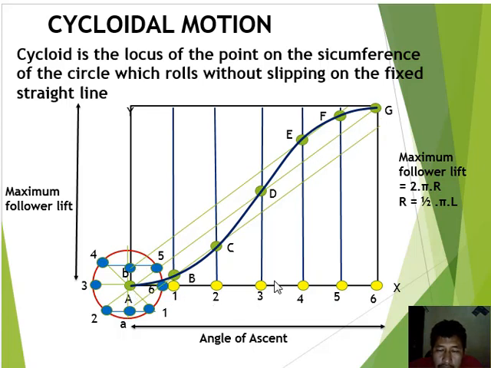The intersection of the center line of the cam motion with point 3, you can mark as D. After that, you can take the line at this point. This point is the center for points 4 and 5.